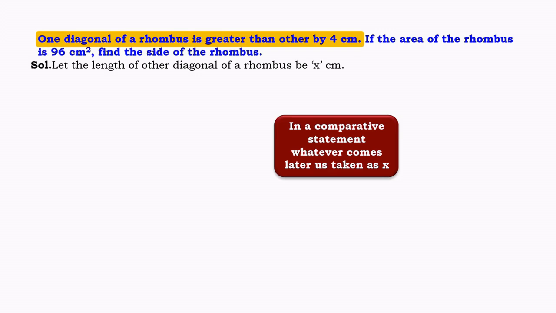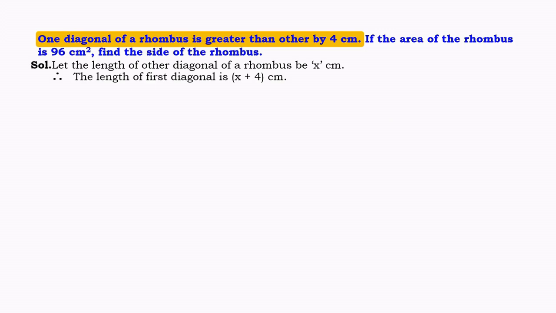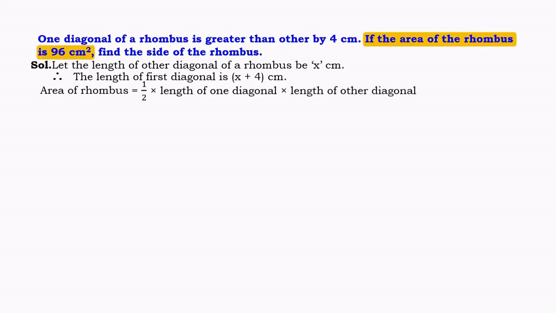Let the smaller diagonal of the rhombus be x centimeters. Since the other diagonal is 4 centimeters longer, its length will be x plus 4 centimeters. We know that area of a rhombus equals 1/2 multiplied by the product of its diagonals.